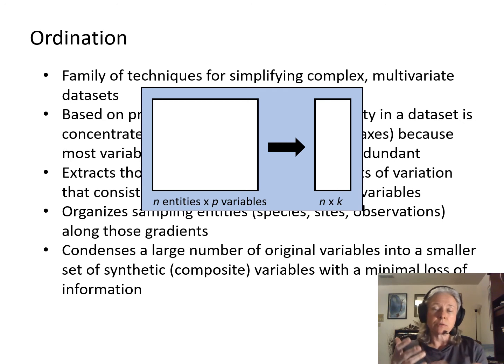You can think of this like, for example, a site by species matrix. And what you wind up with in the end is an n by k matrix, where k is the number of dimensions, which are comprised of your variables, the most important ones that exist in such a way that your data can be ordered along them.